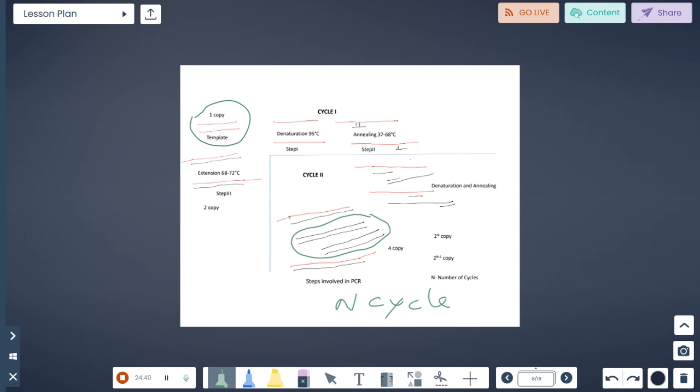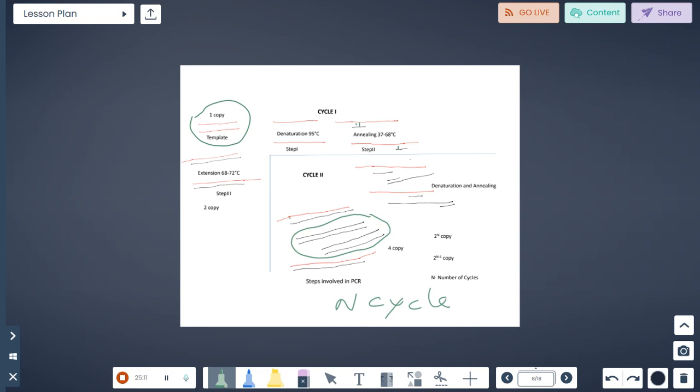But the actual number formed will be 2 raised to n minus 1 copies, because the specific product is formed only after the second reaction. So from the second reaction, it is logarithmically amplified, because in the third cycle this will again be formed, like 4 copies.